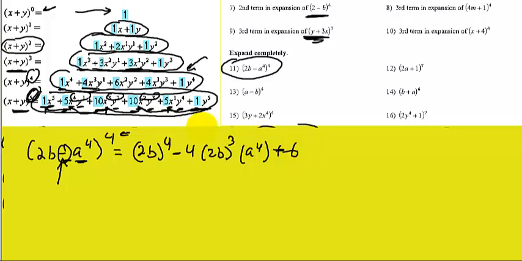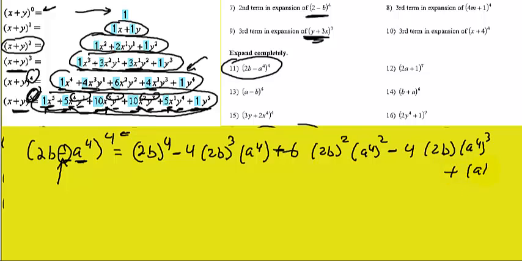And then I have a 6, and then a 2b to the second, and then a to the fourth to the second. And then I have a minus, and then 4 is my coefficient, and then I have a 2b to the first, and a to the fourth is to the third.